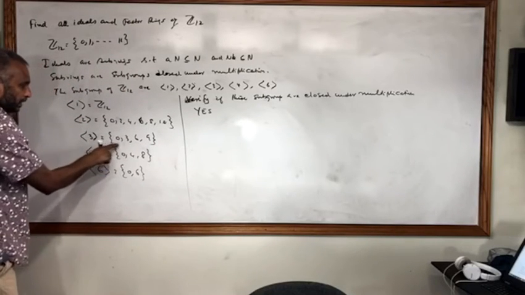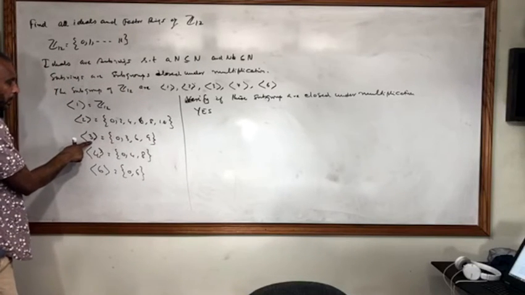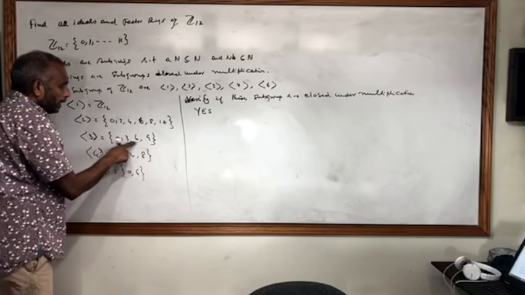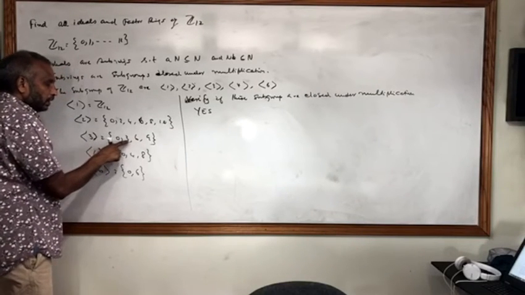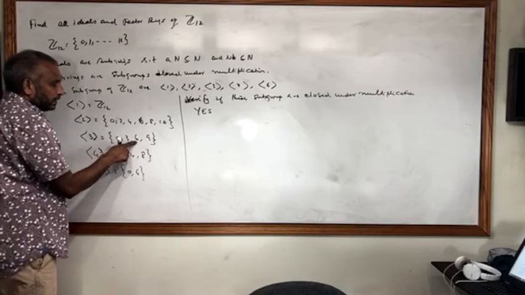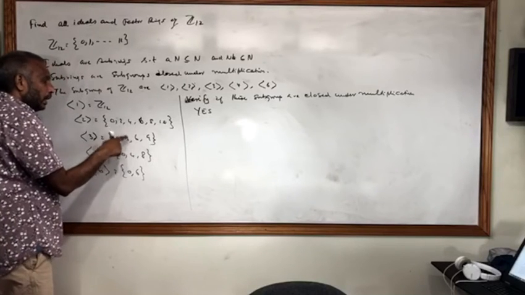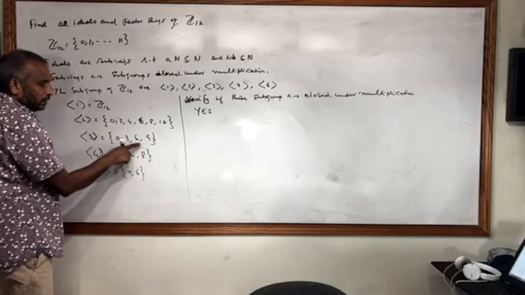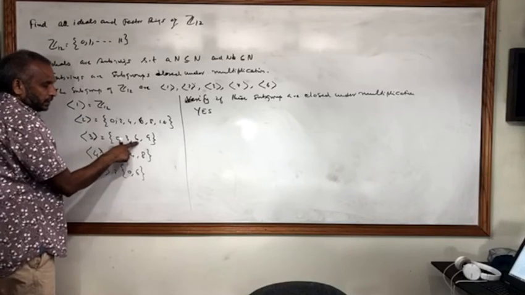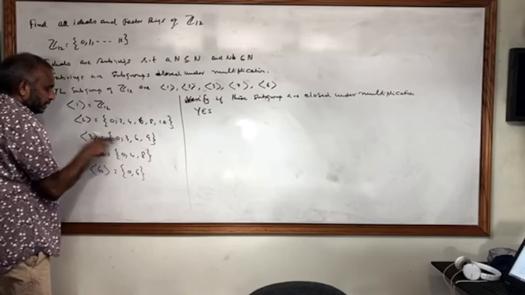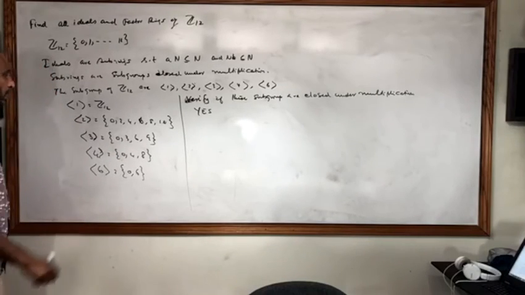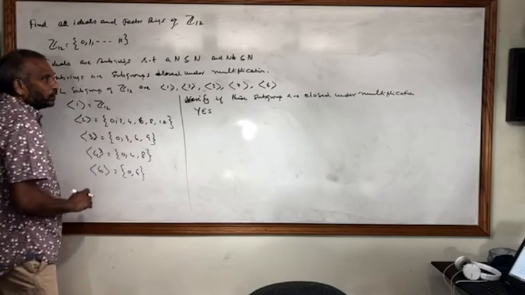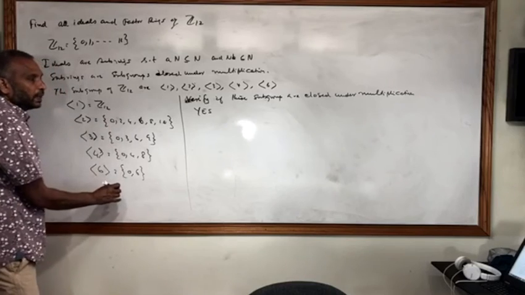If you take any of these, let us say the subgroup generated by 3, if you multiply any two elements, you will get an element in the same subgroup. 3 times 6 is 18. 18 mod 12 is 6. So this is within this subgroup. So all these are subrings.